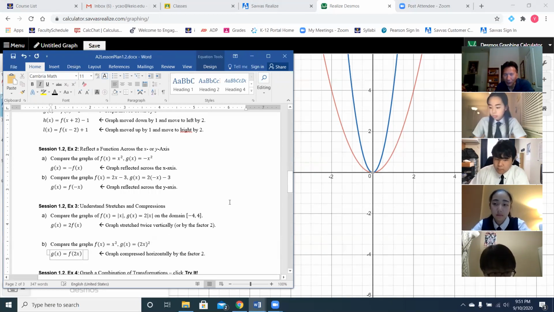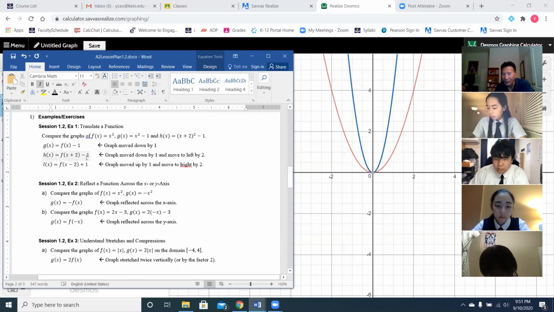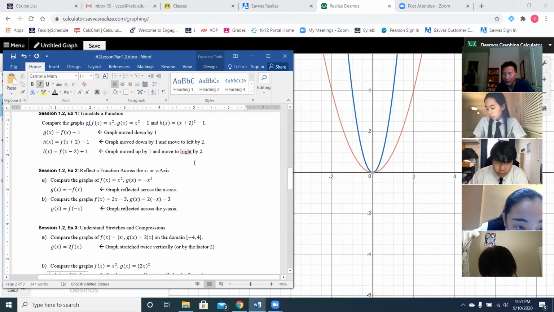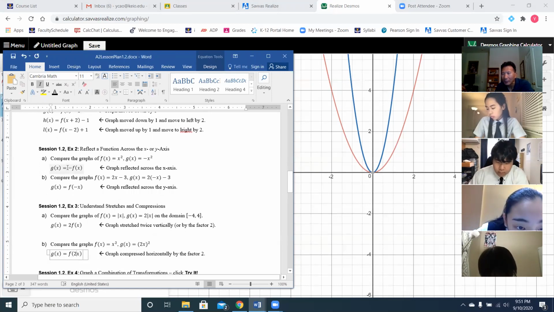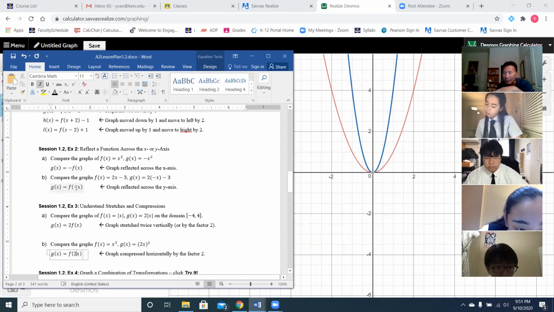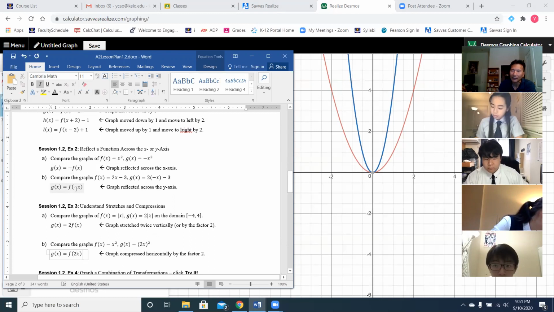If you don't have questions, let's see what we talked about. If you add or subtract something, it moves up and down or left and right. If you change the sign, it depends on whether the sign is inside or outside. If outside, flip over across the x-axis. If the negative sign is inside, flip over across the y-axis.